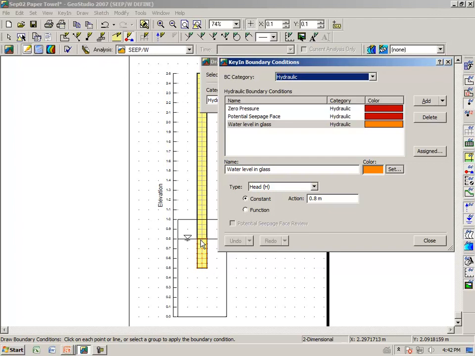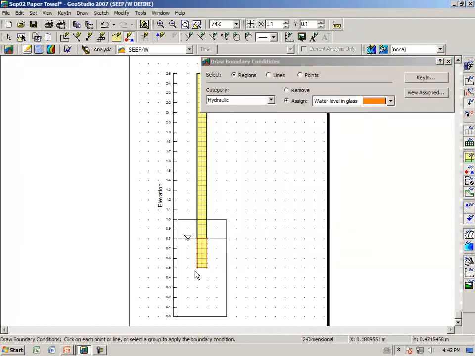Recall from our discussion of defining total head that at the water surface the elevation is 0.8, the pressure head is 0, therefore the total head is 0.8. The same for the bottom of the paper.